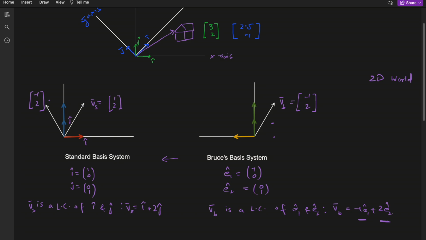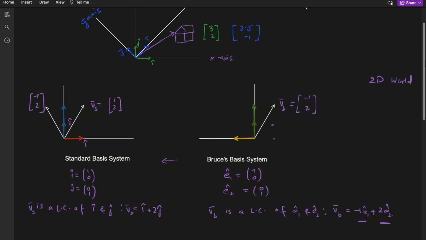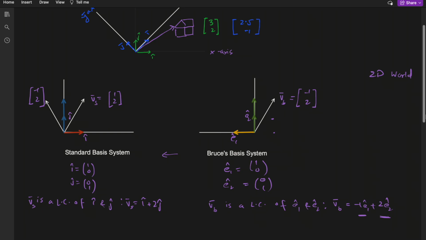Before moving forward, I just need to make one correction. This is not i hat and j hat. For Bruce, this is E1 hat, and this is E2 hat. So for him, E1 hat is 1 0 and E2 hat is 0 1 only.